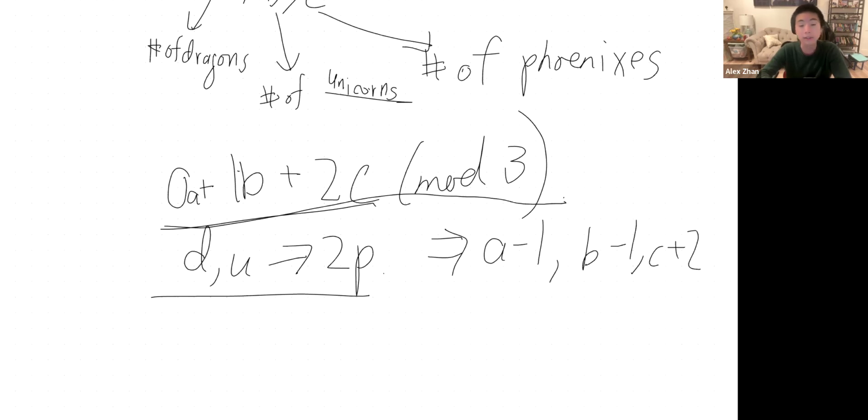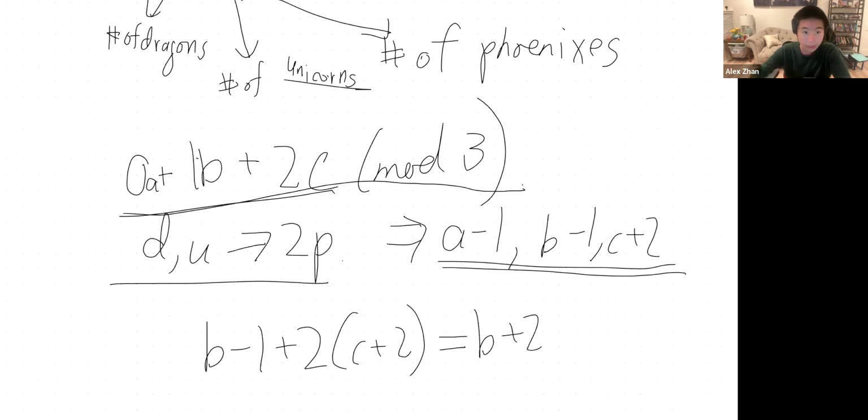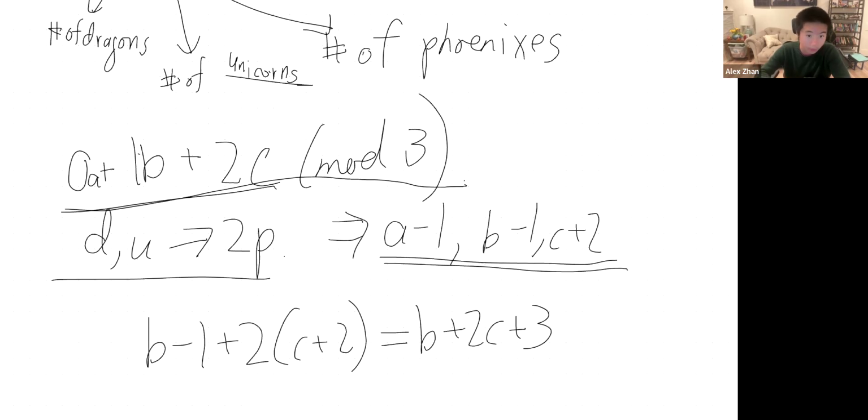If we plug this new triple into our expression, we get B minus 1 plus 2 times C plus 2. This is equal to B plus 2C plus 3, which is congruent to our original expression mod 3.